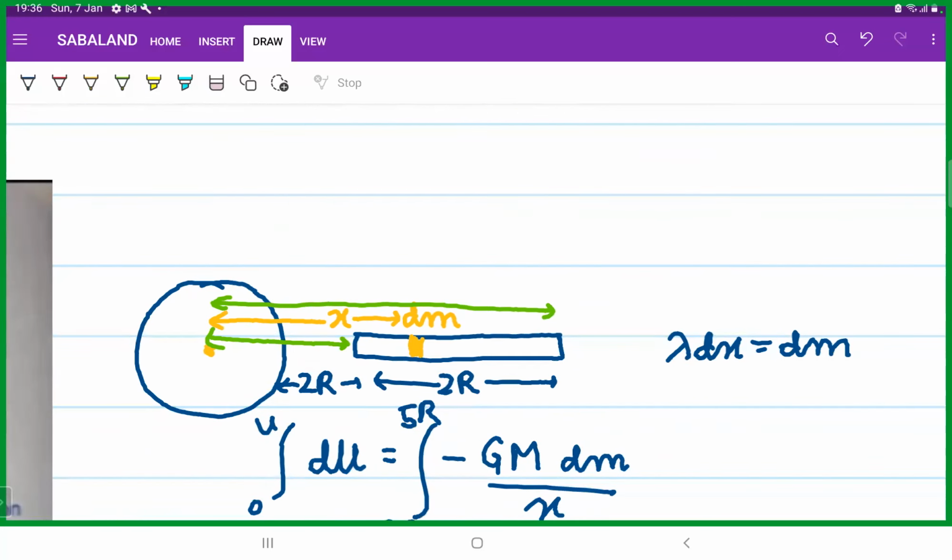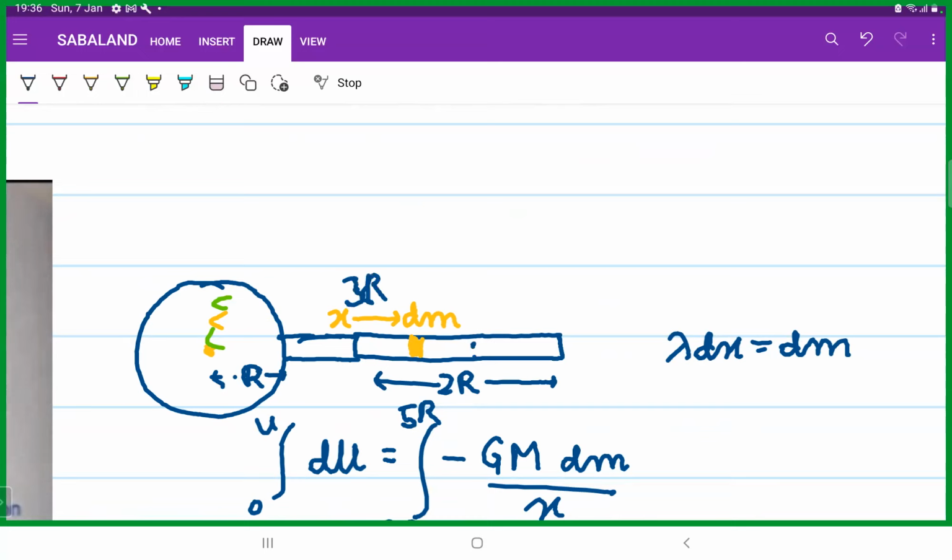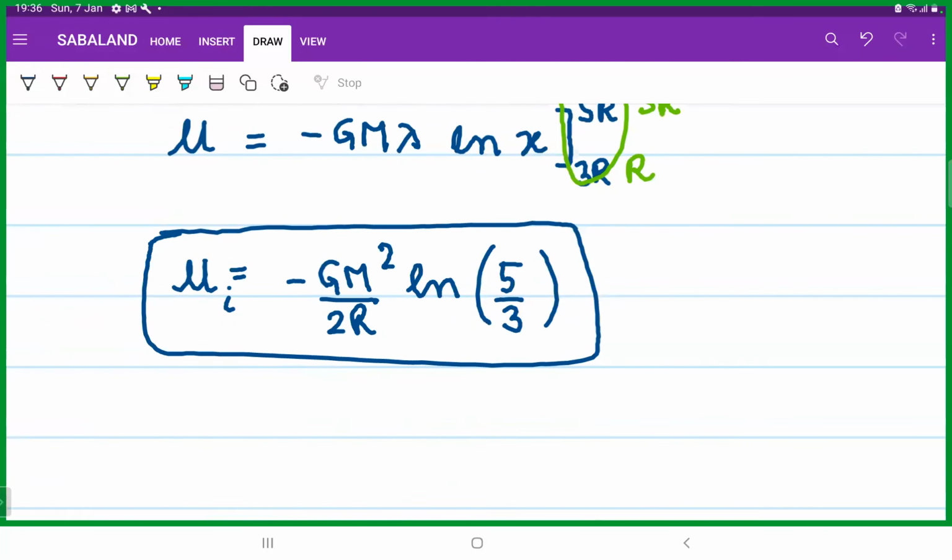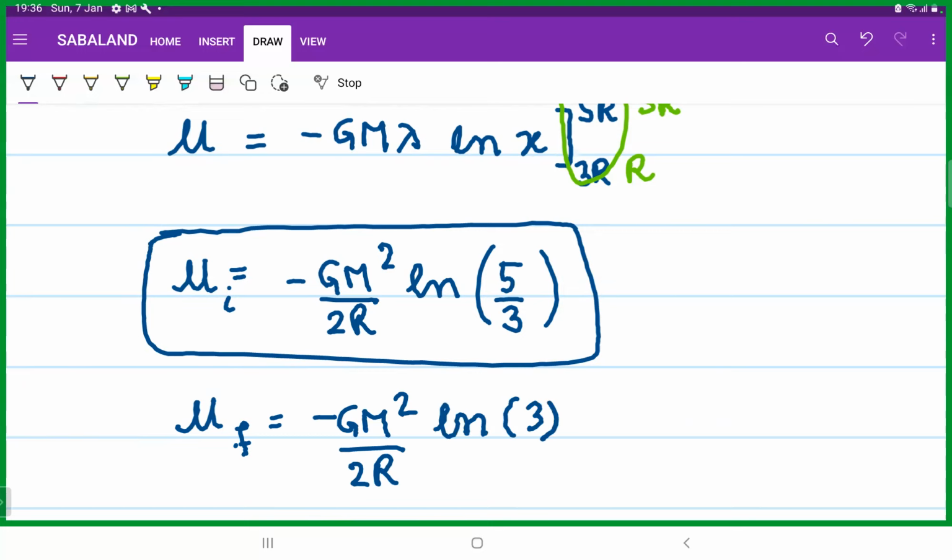Because at that point of time, the distance from one end of the rod will be r, and till the other end it will be 3r. So the final potential energy Uf will be equal to minus G m square by 2r natural log of 3.